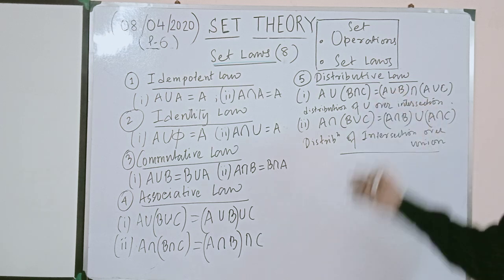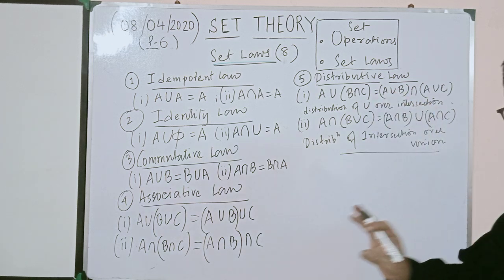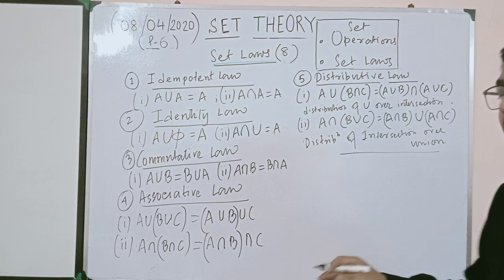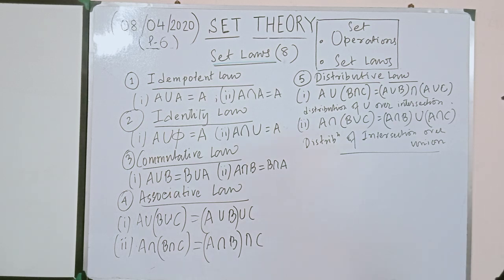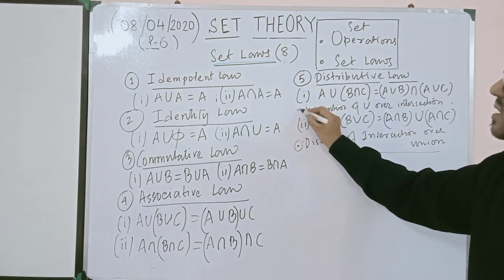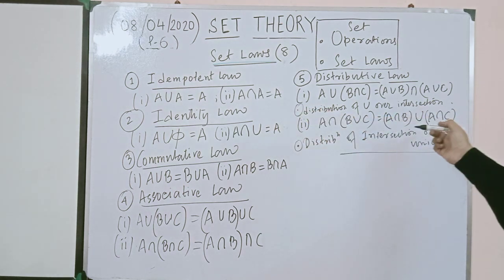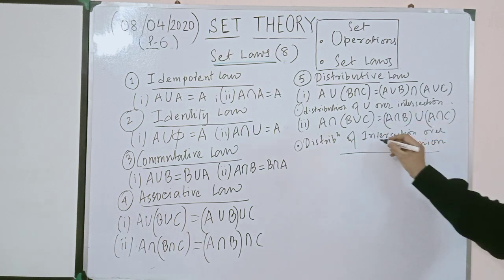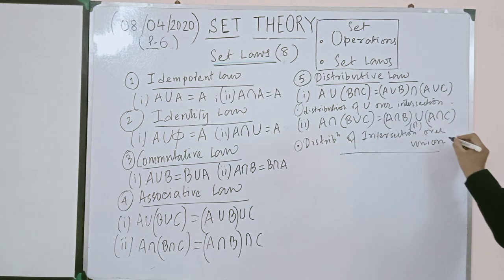That means you have to do the first thing, union gets distributed over intersection. So you have to understand what the statement is actually meaning. So be very careful about these statements, distribution of union over intersection or distribution of intersection over union. Okay. So this is the distributive law.